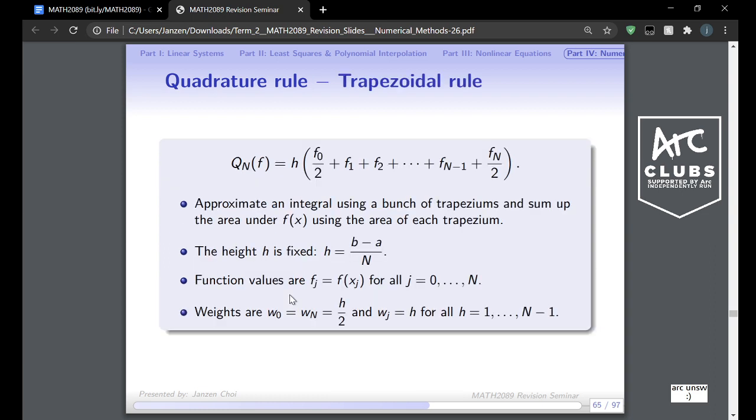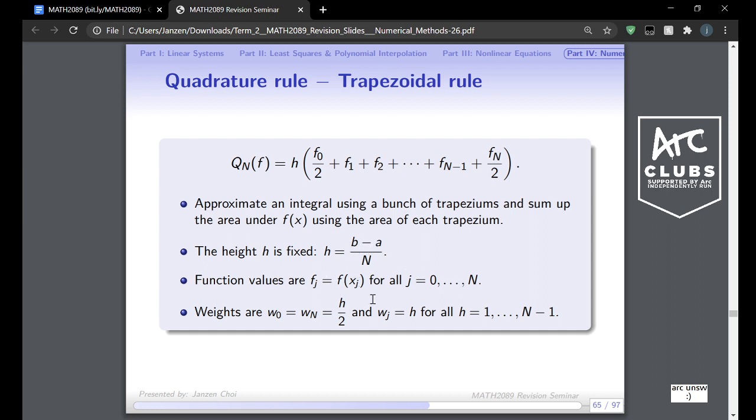As the name suggests, the trapezoidal rule approximates the integral using n trapeziums. On the interval a, b, the height h, or the step size, will be defined as such. To get xj, we split the interval into n plus 1 separate points, inclusive of the values of the bounds a and b.